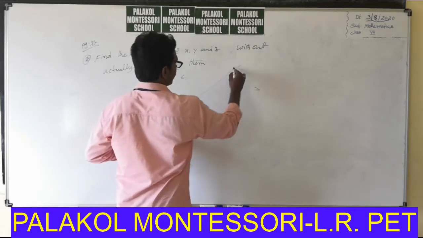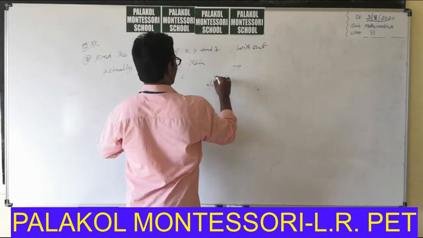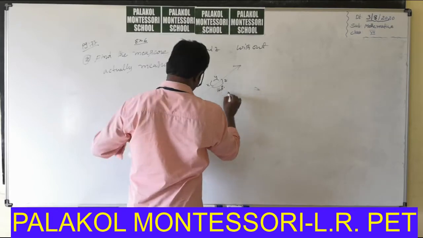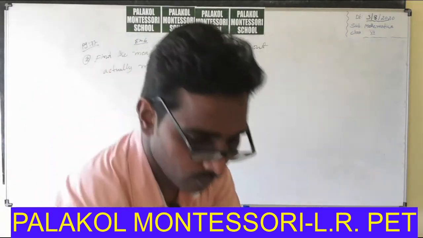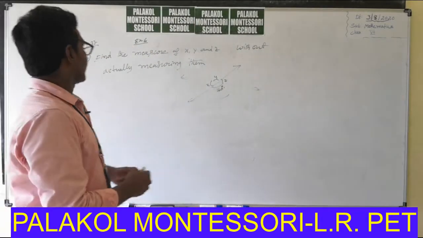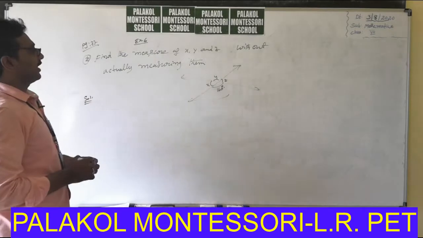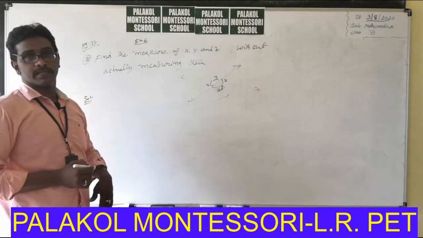Here one figure is given with x, y, z, and this is 160 degrees. Very, very important question, guys. Find the measures of x, y, z without actually measuring.